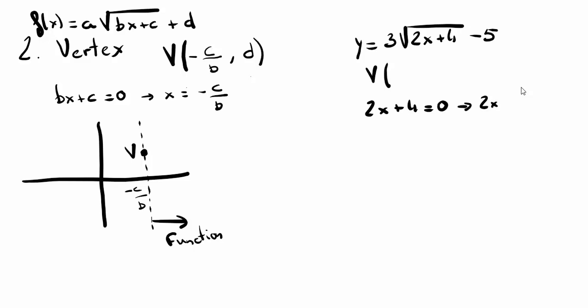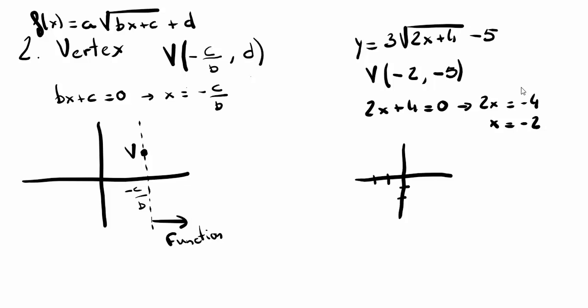So 2x will be minus 4 and x will be minus 2. So here the x coordinate will be minus 2. And now when I substitute, the root has value 0, so I have minus 5. Here is the vertex of our variable. Okay?